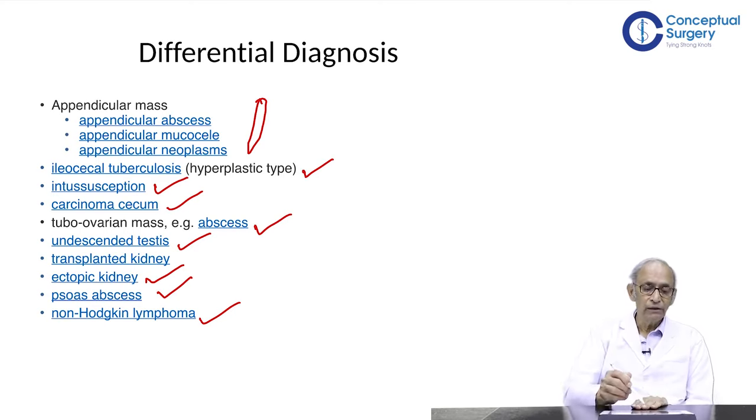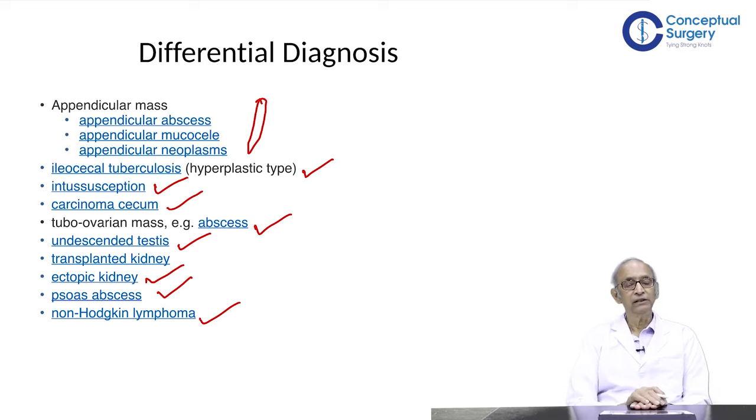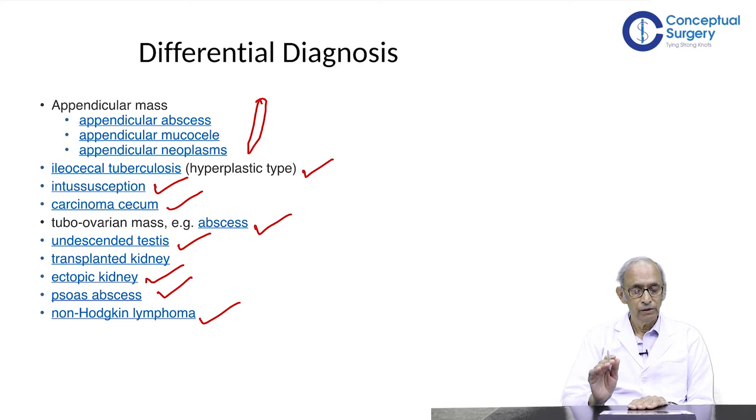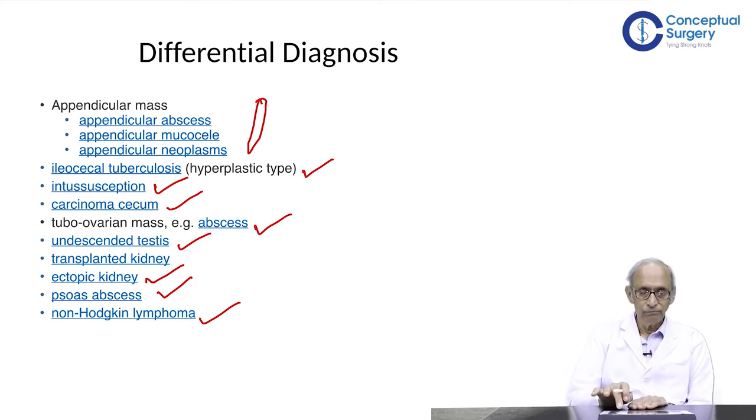So if you look at the large panoply of conditions which can present here, when the patient presents to you, he will have pointing signs and history as well. So you may keep in mind a large number of pathologies, but there will be a particular symptom or sign which points to a particular pathology.